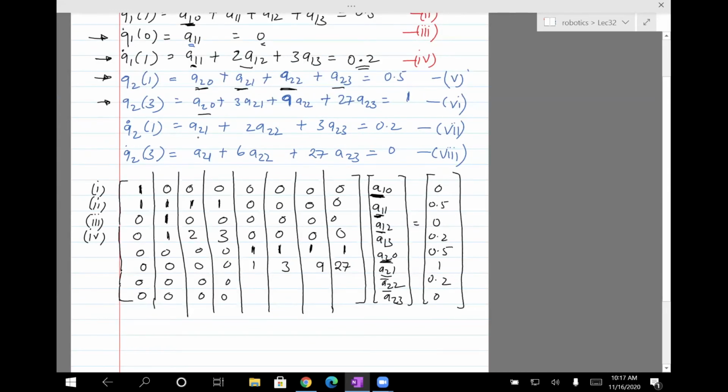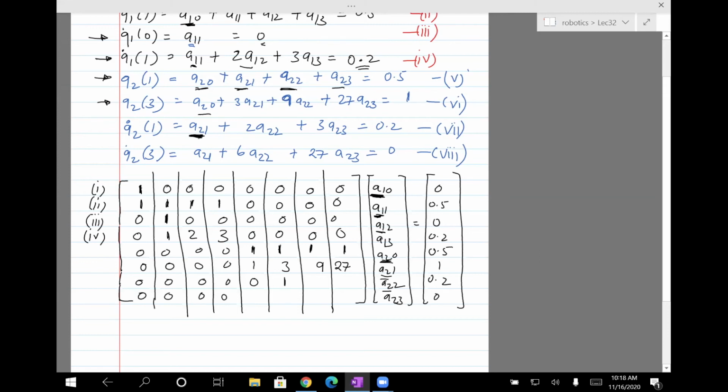Okay. Then we have, now note that we don't have a20, we only have a21. So I need to put a 0 for a20, first element. And then we have 1 for a21. Something is not right here. 1, 2, 1, 2, yeah, that's fine.